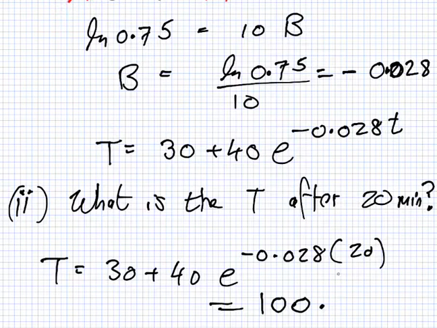So about 100 then. Are we sure? Because that would mean... That sounds better. 52 point something. Yeah. Because if it was 100, it means it got cooler and then increased back to 100 Celsius.